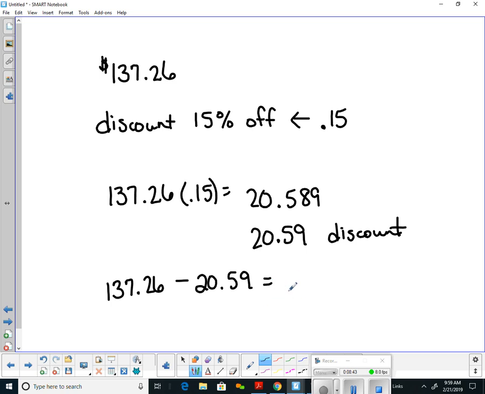So I get $116.67 is the amount that I'm going to pay. Okay, so just remember, tax you add, tip, if they ask you to include it in your final total, then you're going to add, and a discount is a subtract.